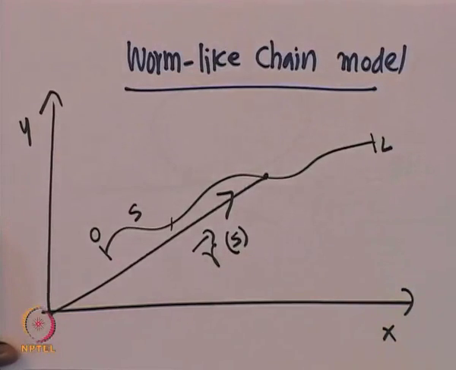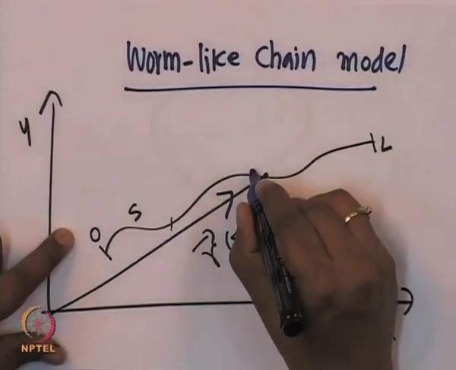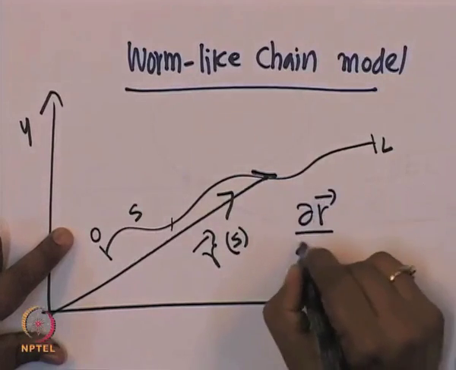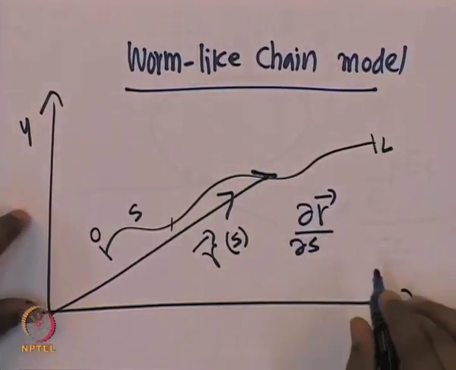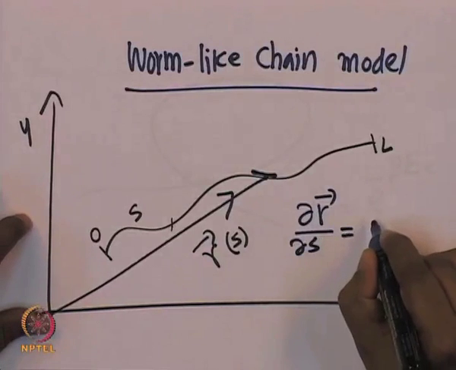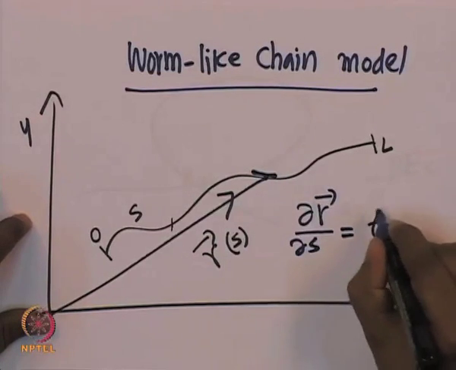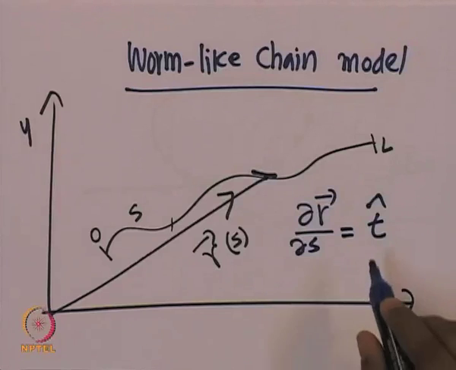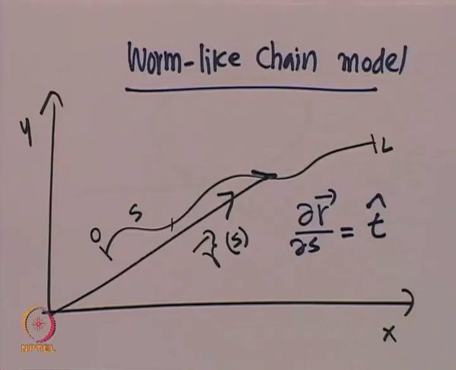So, at any point S, you can draw a vector R from some coordinate system, and at any point you can also define a tangent vector, which is del r by del s, the derivative of r. It turns out that this is a unit vector. The worm-like chain model assumes that the DNA is inextensible.